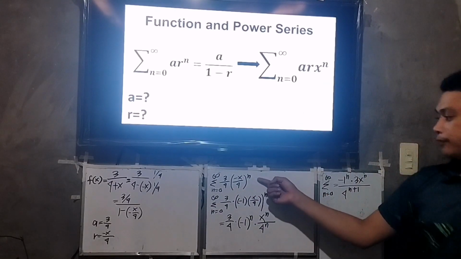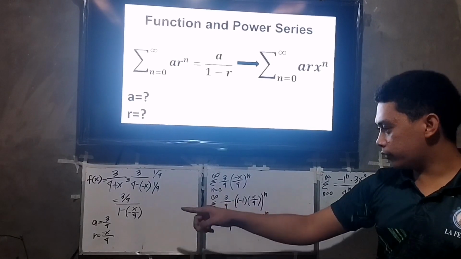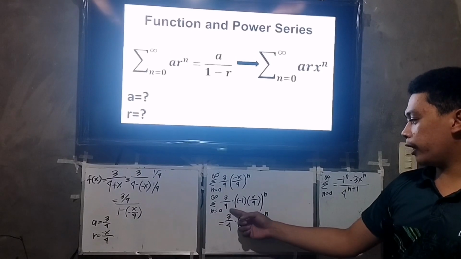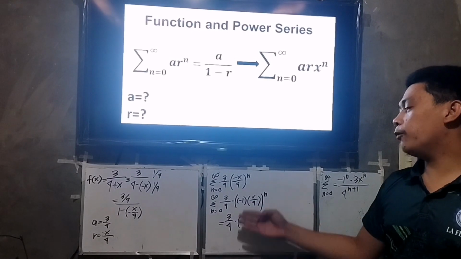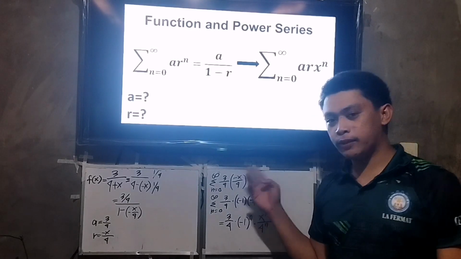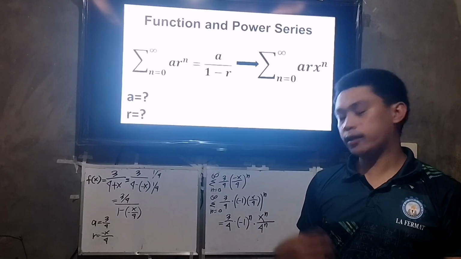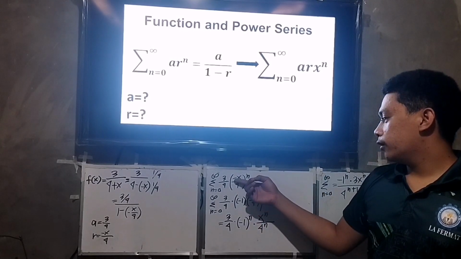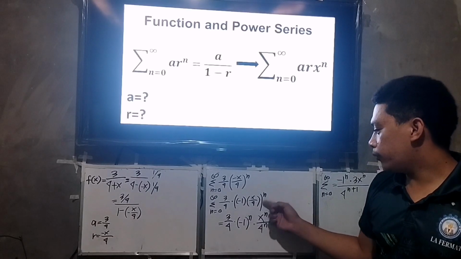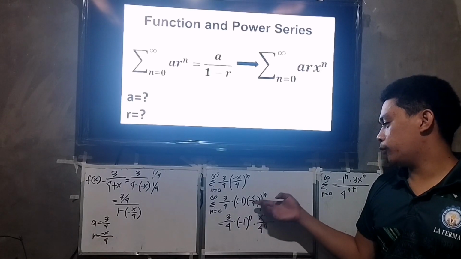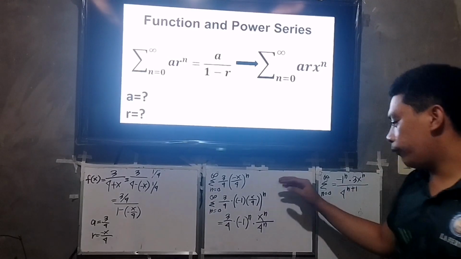Next step, copy our value of a, 3 over 4, multiplied by negative 1. It is negative 1 because it is negative x, so we separate the value of x. The value of x is 1, so it becomes negative 1, and then x over 4, raised to the power of n.